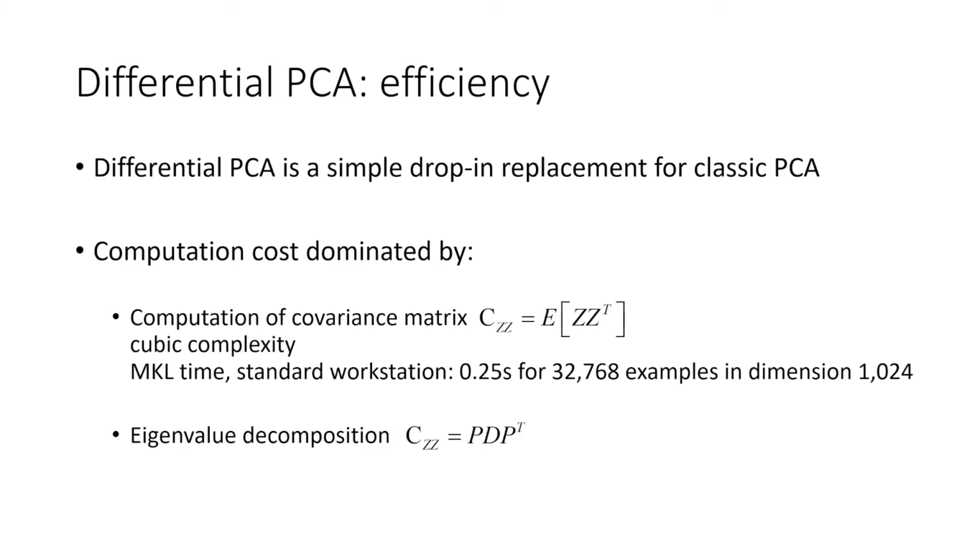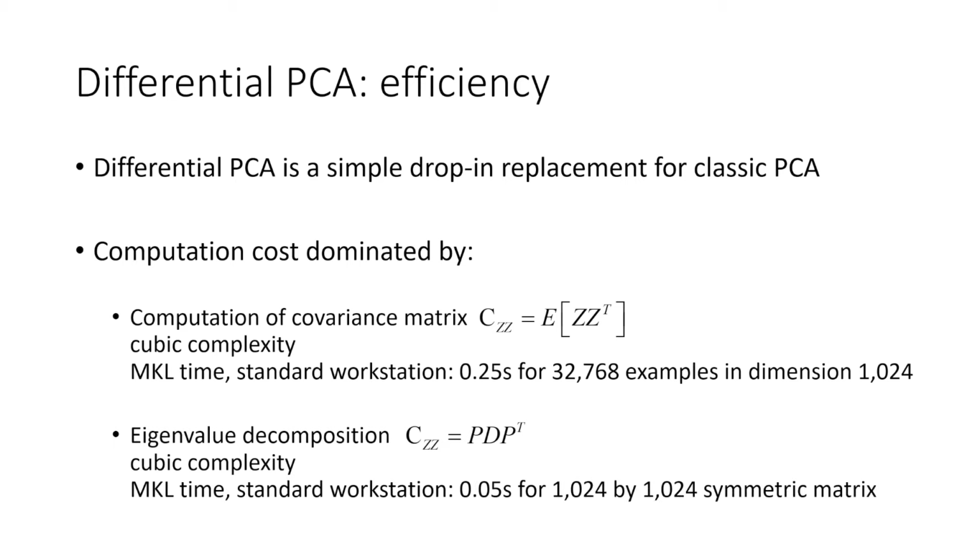Second, the eigenvalue decomposition, also of cubic complexity. MKL computes the eigenvalues and eigenvectors of a symmetric square matrix of size 1000 in 50 milliseconds. As you can see, differential PCA is extremely fast, and since it is also safe and effective, it constitutes an essentially zero-cost pre-processing step with considerable benefits.